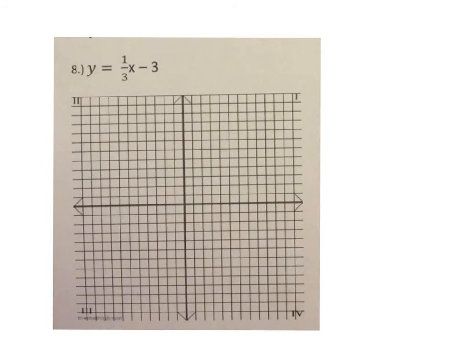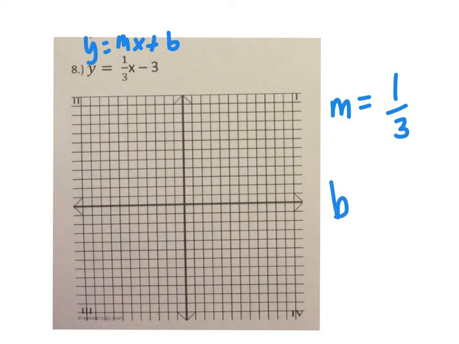Okay, now we are given an equation and we are asked to graph it on the coordinate plane. So right above the equation, I'm going to keep in mind that idea of y equals mx plus b. So in this equation, our m is positive 1/3, rise and run, and our b is negative 3.